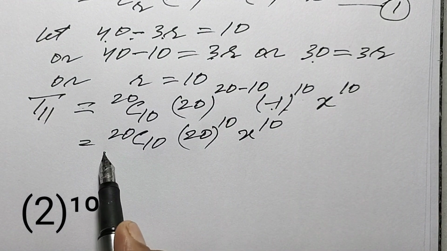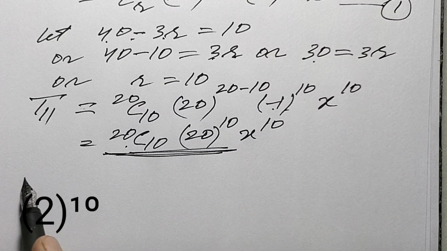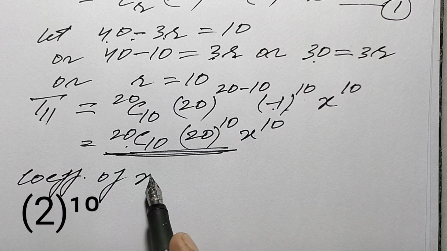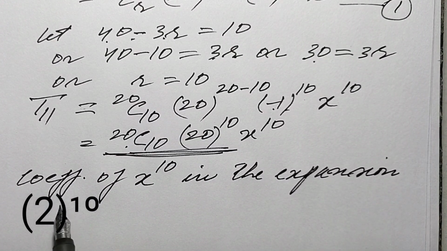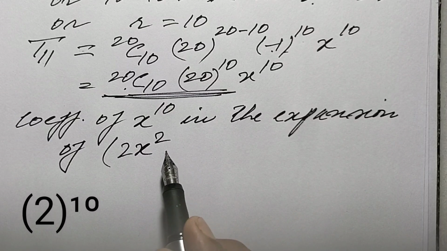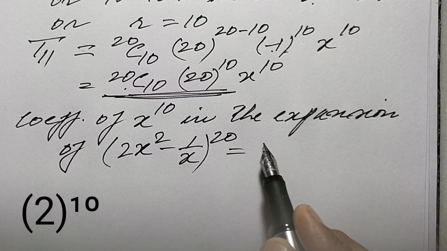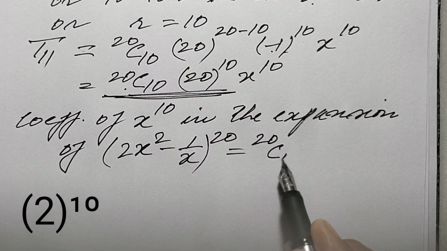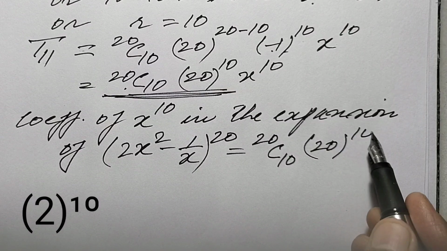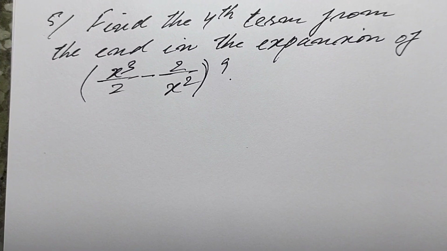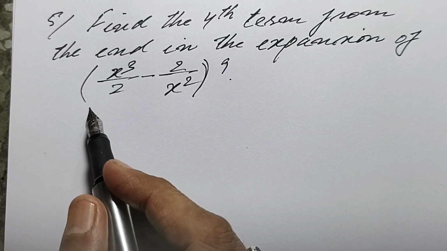So finally our answer is: the coefficient of x raised to the power 10 in the expansion of (2x square minus 1 upon x) raised to the power 20 is equal to 20C10 into 20 raised to the power 10.